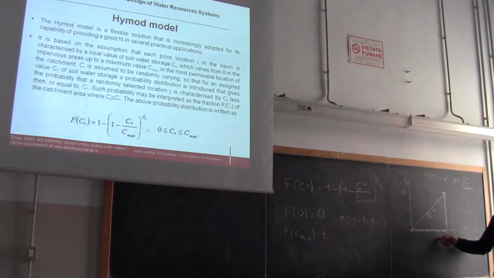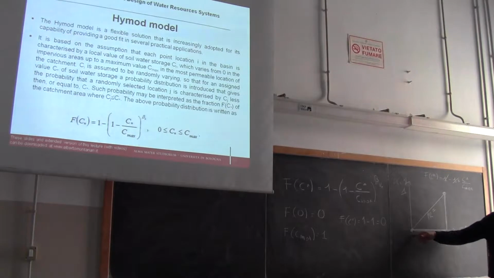No, it's the opposite. Let me think about it, because this is tricky. This is the fraction of the area of the catchment where the storage is lower or equal than C star. So if the fraction is 0, it means that everywhere is higher, which means that the storage is everywhere equal to C max.